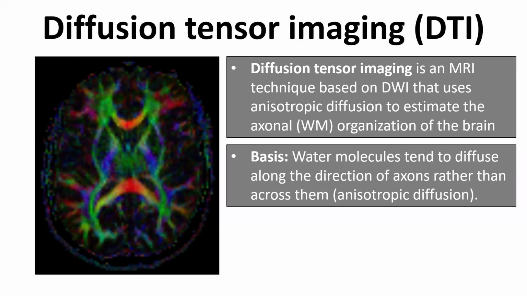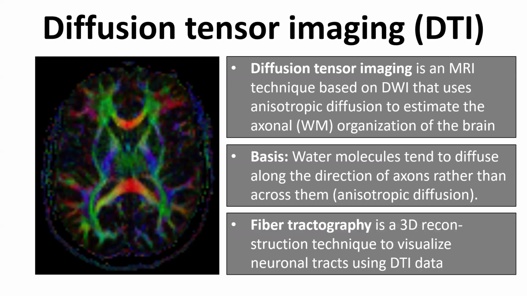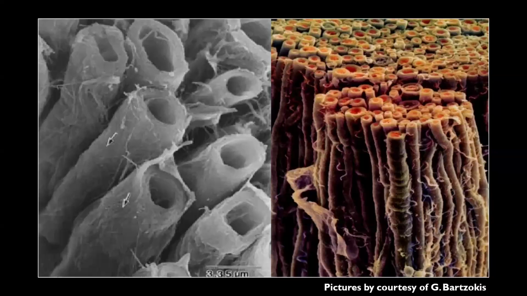Water molecules tend to diffuse along the direction of axons rather than across them, because it's more difficult to diffuse across them because there are so many barriers there, the myelin sheaths, cell membranes, and so forth. So because water molecules will diffuse along the axons, we get anisotropic diffusion. And we can perform fiber tractography, a three-dimensional reconstruction technique to visualize the white matter tracts.